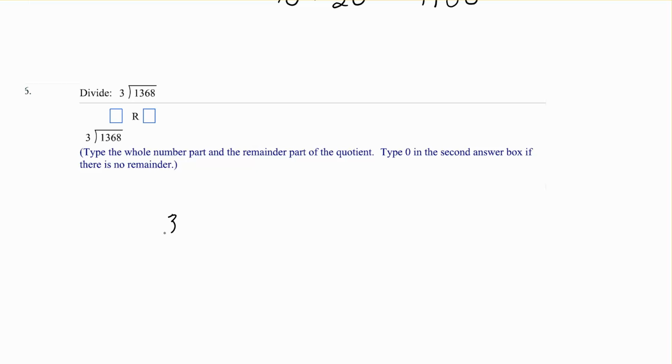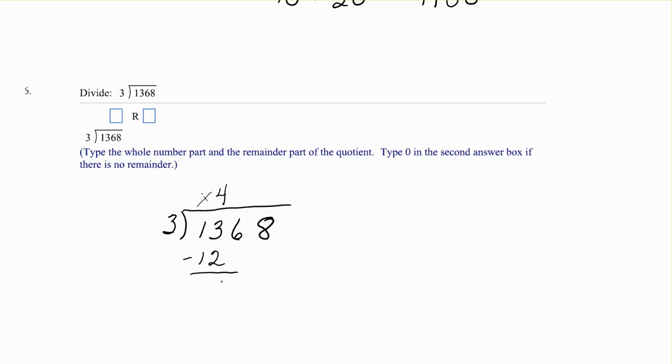All right, I have 3 into 1,368. Now, 3 doesn't go into 1, so there will be nothing sitting above the 1. 3 does go into 13. It goes 4 times, because 4 times 3 is 12.